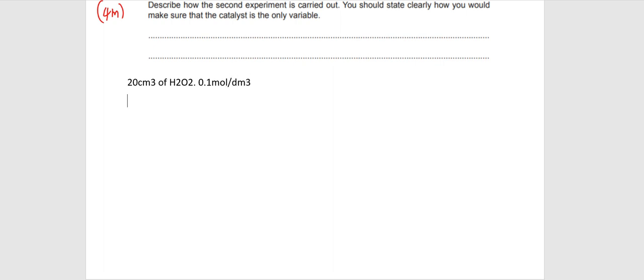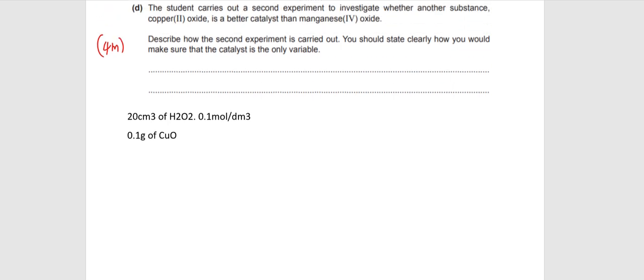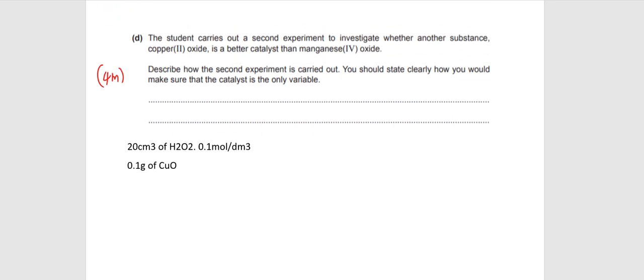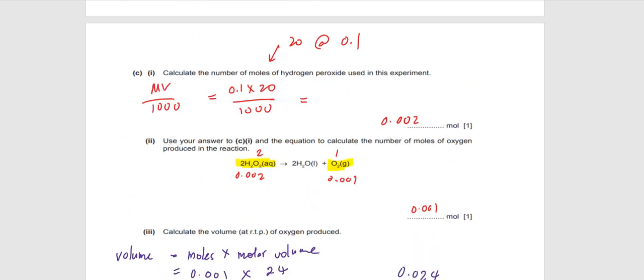You have to state clearly. And then the mass is 1.0 gram of copper(II) oxide. That already gives you 2 marks. Why? Because it's what's given in the question.